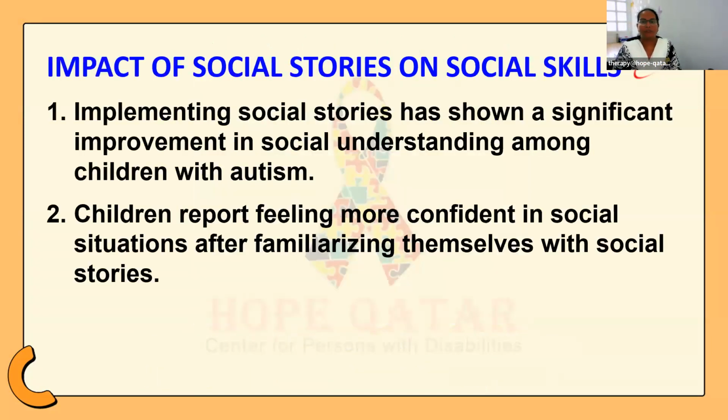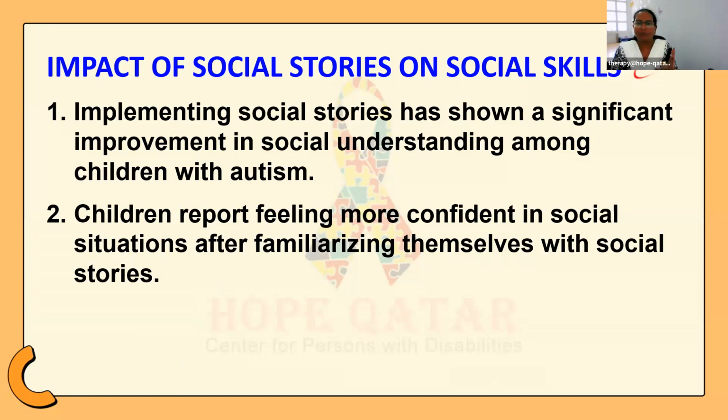The impact of social stories on social skills. Implementing social stories has shown a significant improvement in social understanding among children with autism. When social stories have been implemented and introduced to children, their understanding has improved, their comprehension has improved, reciprocation has improved. So social stories have shown a lot of impact when worked on consistently.